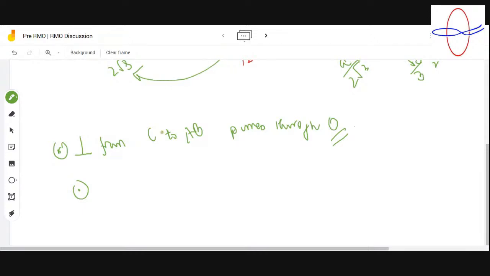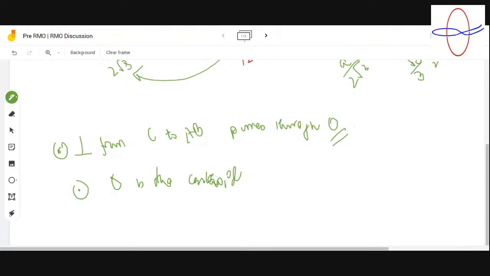And the second part is that O is the centroid. Okay, this is the first part, and the second part is this. Or you can prove circumcenter, whatever you want. Okay, orthocenter, whatever you want.